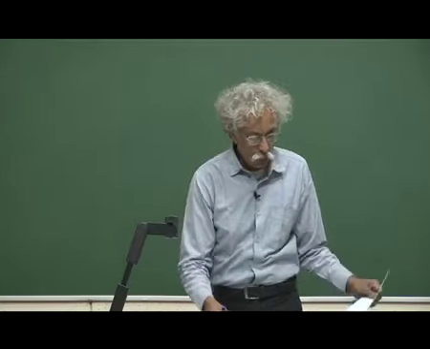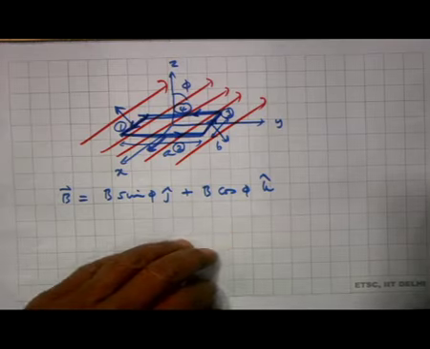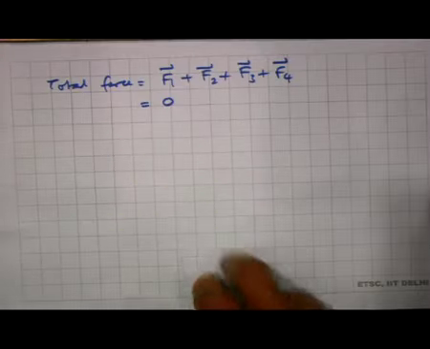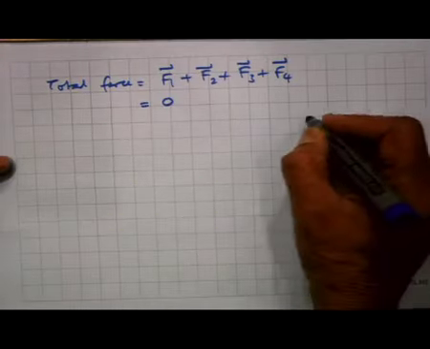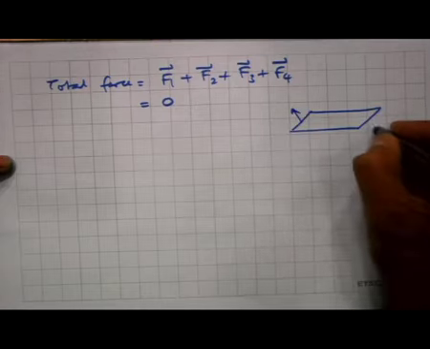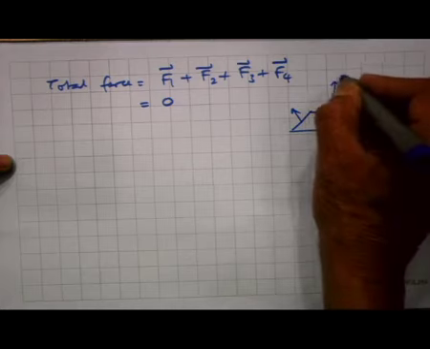Now, although the net force is 0, because of these two forces there is a torque acting on this system, and we need to calculate this torque. So, let me draw the figure again here. I have this current carrying conductor here. There is a force in this direction, there is a force in this direction. Let me draw the plane again here, this is y, this is z, this is x.